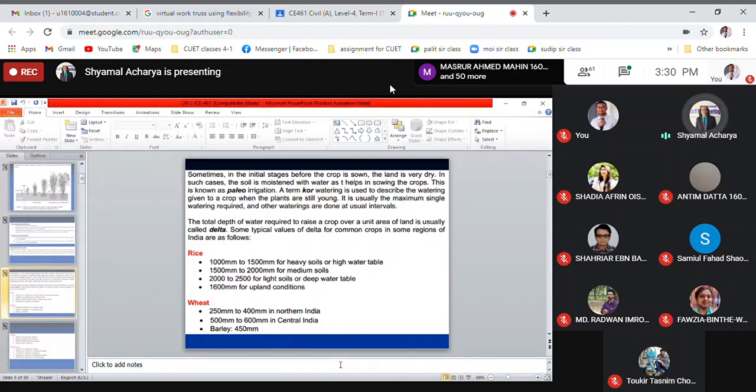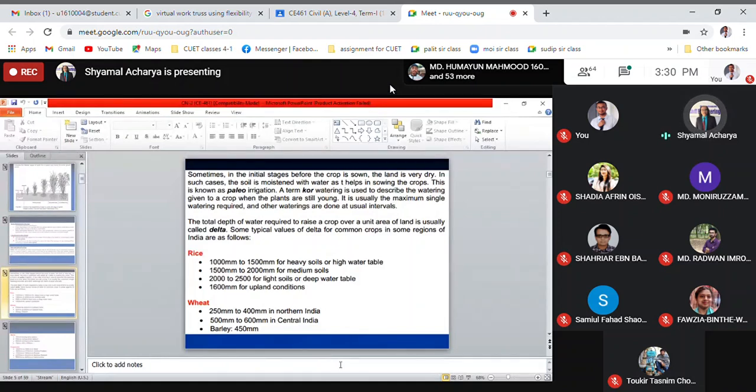For rice, for different water table conditions, this is 1000 to 1500 millimeter. For heavy soils, for medium soils, this is more than that. Even for the very light soils, I mean sandy soils, it is even more.